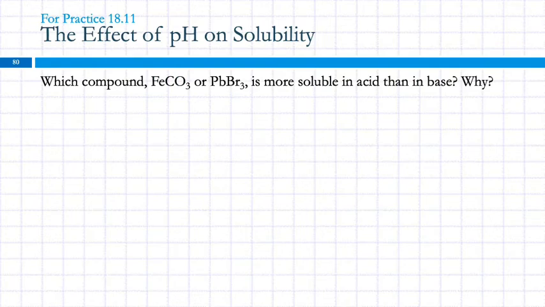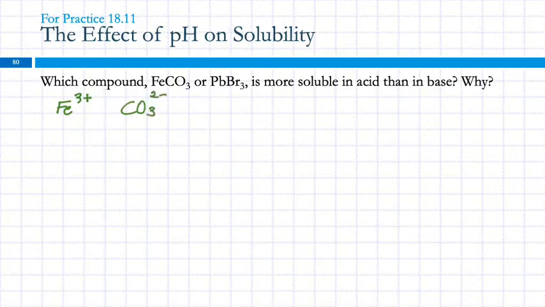Which compound, iron carbonate or lead 3 bromide, is more soluble in acid than in base? Well, we need to look at what ions are present. The first one, we've got iron 3 and carbonate ion.